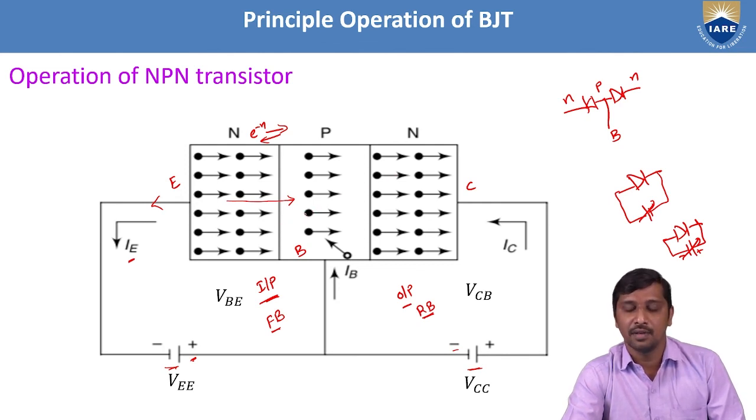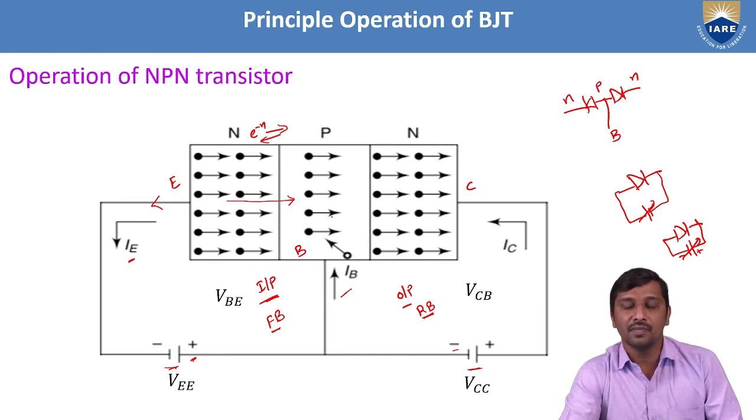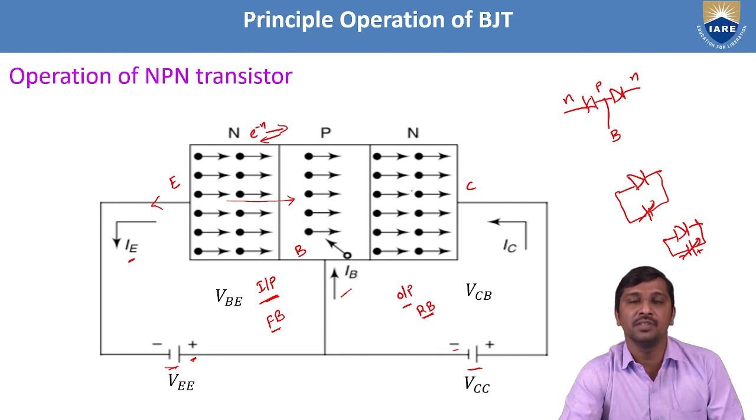The base is very lightly doped and the region of the base is very thin. Hence, only some of the charge carriers combine in the base terminal to produce the current, called the base current. Most of the remaining charge carriers are attracted towards the collector, and they produce a current called the collector current.